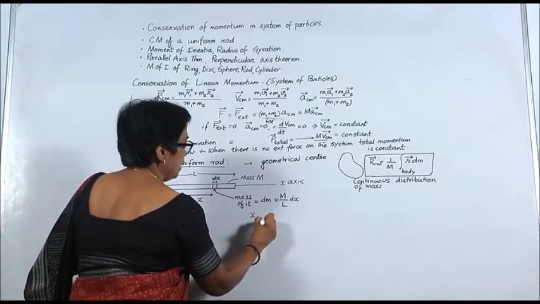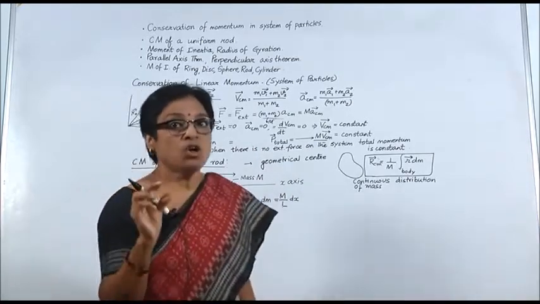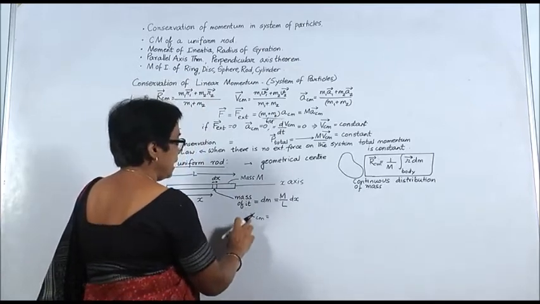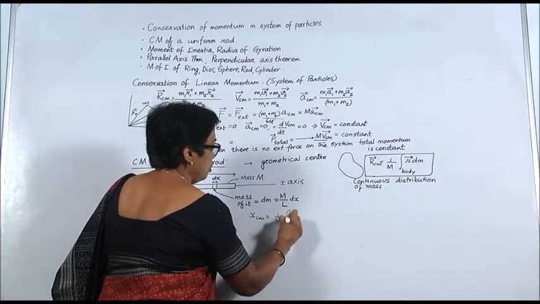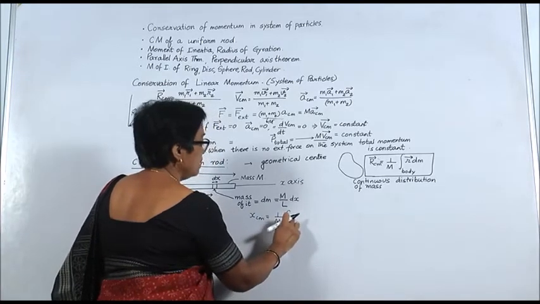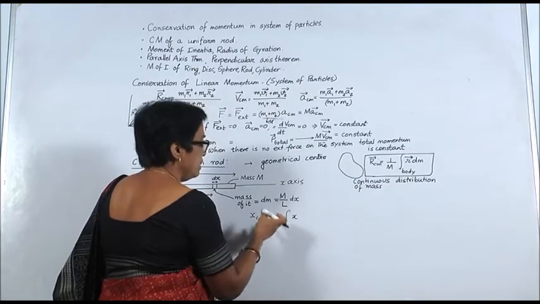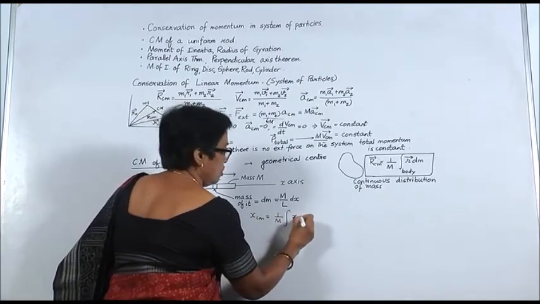So, X CM, it will be I cap times X CM, which is equal to 1 by M times the position, and it is present at x. I am taking the magnitude only, since this is in the x axis.